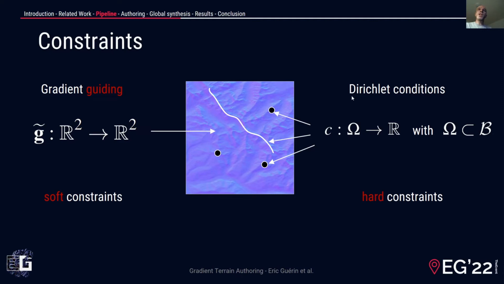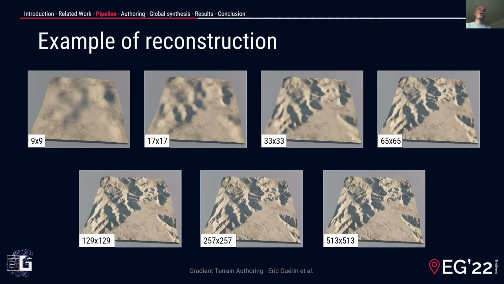Dirichlet conditions enforce the elevation at precise locations on the grid. They are always respected. Therefore, we call them hard constraints. Here you can see an example of the successive iterations of the solver that refine incrementally the solution.